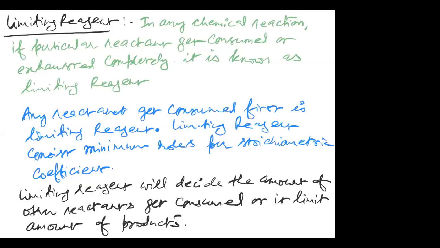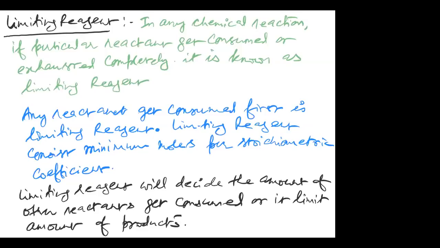Here I'm repeating again: in any chemical reaction, if a particular reactant gets consumed or exhausted completely, it is known as the limiting reagent. Any reactant that gets consumed first is the limiting reagent. The limiting reagent consists of minimum moles per stoichiometric coefficient.